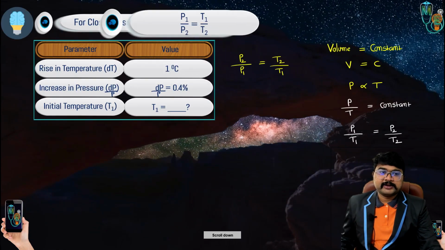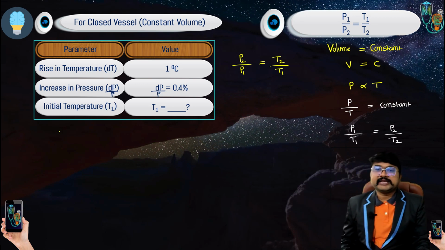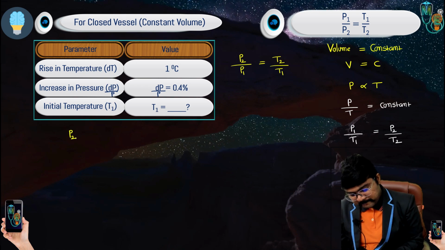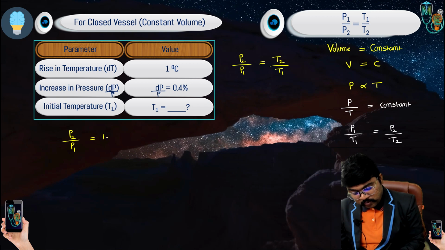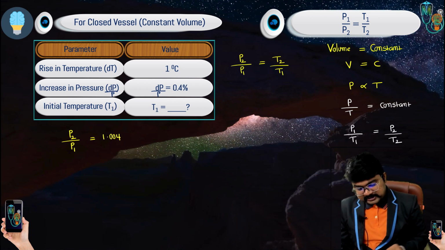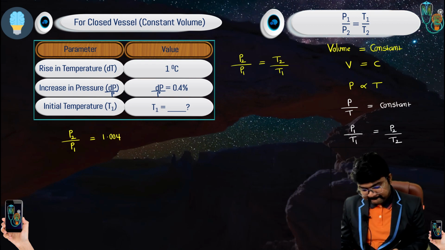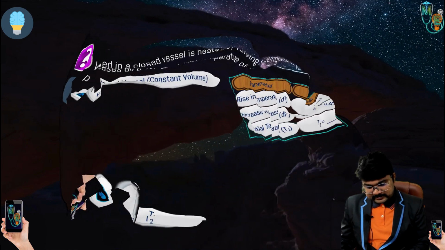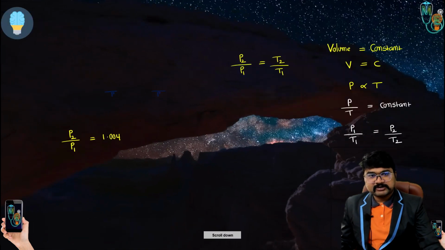Just now we calculated P2 by P1 equals 1.004. And then T2 by T1, what is T2 by T1? We need T2, which equals 1 plus T1.